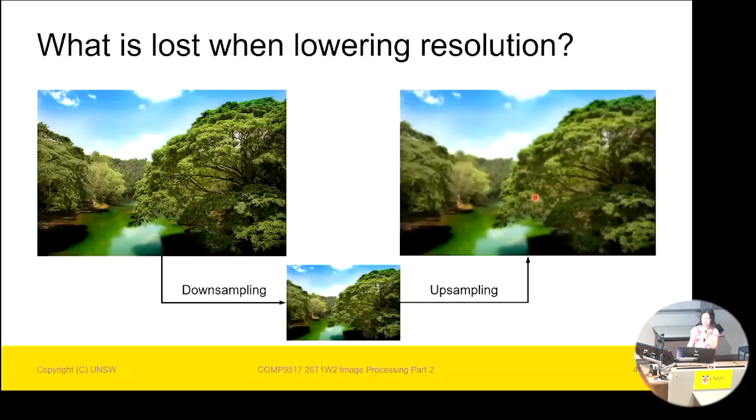What's lost here is mainly the high frequency information. That means the details in the images, the structures, like how the tree, the branches, the leaves look like. Those are the detailed information in the image. Because when they are detailed, that means you have smaller pixels to represent a certain region. So when you do the downsampling, you are removing some information, and then you lose those details.